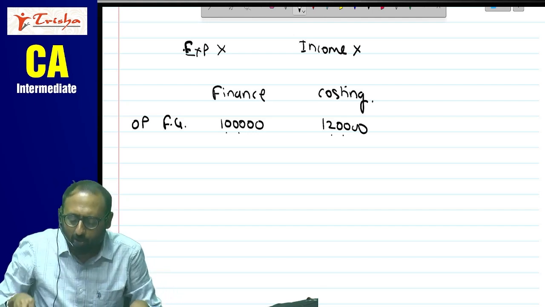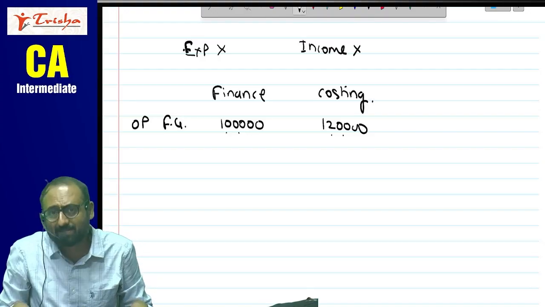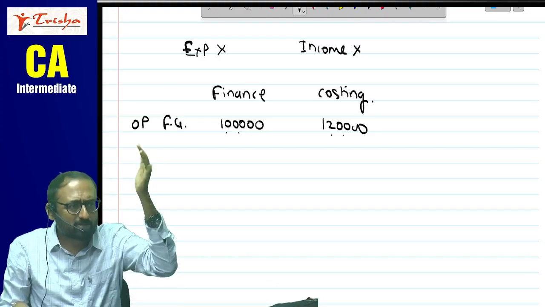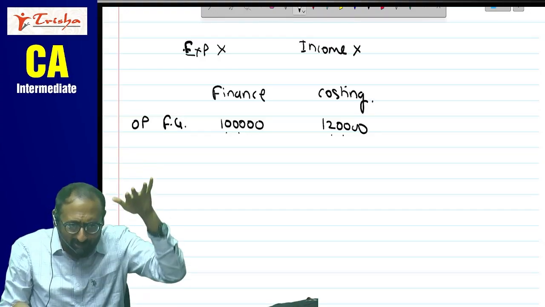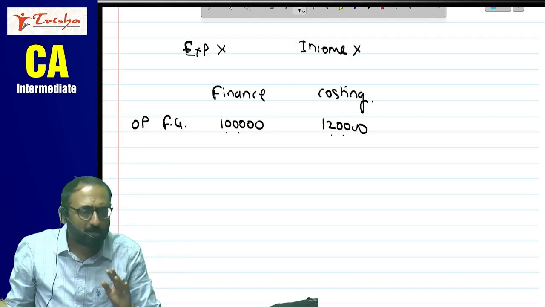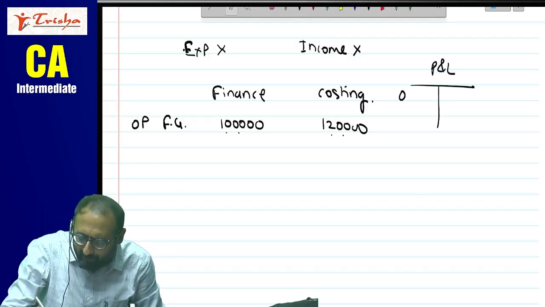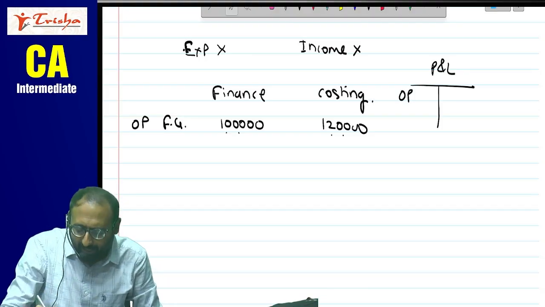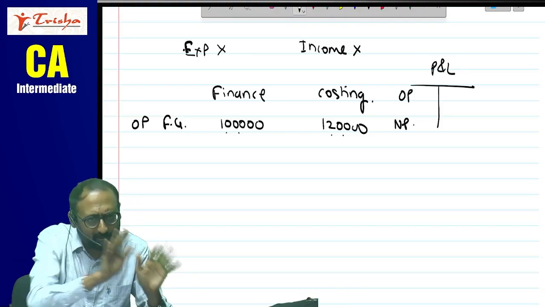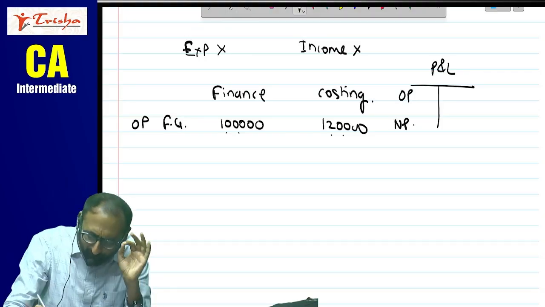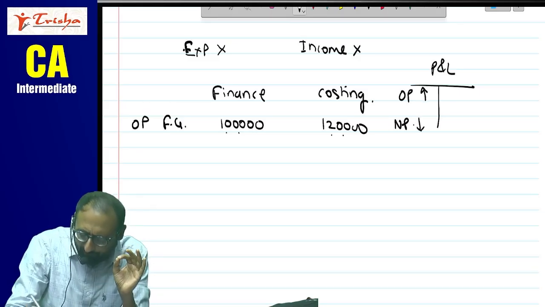As I told you, opening stock and profit have an inverse relationship. If opening stock value is more, your profit will be less. If opening stock value is less, your profit will be more. And the point is very simple. Sir, in the P&L account, opening stock will be written on the debit side and net profit and gross profit will be written on the credit side. So if opening stock value is more, net profit will be less.